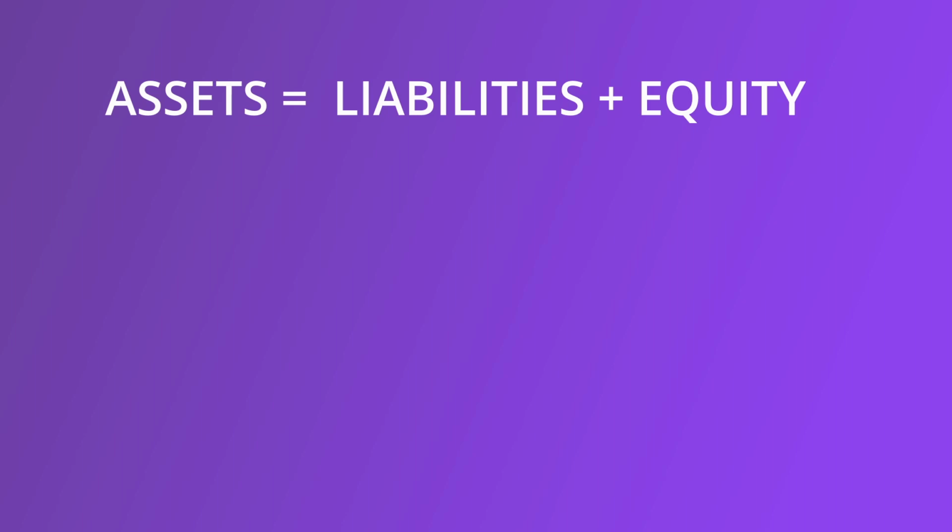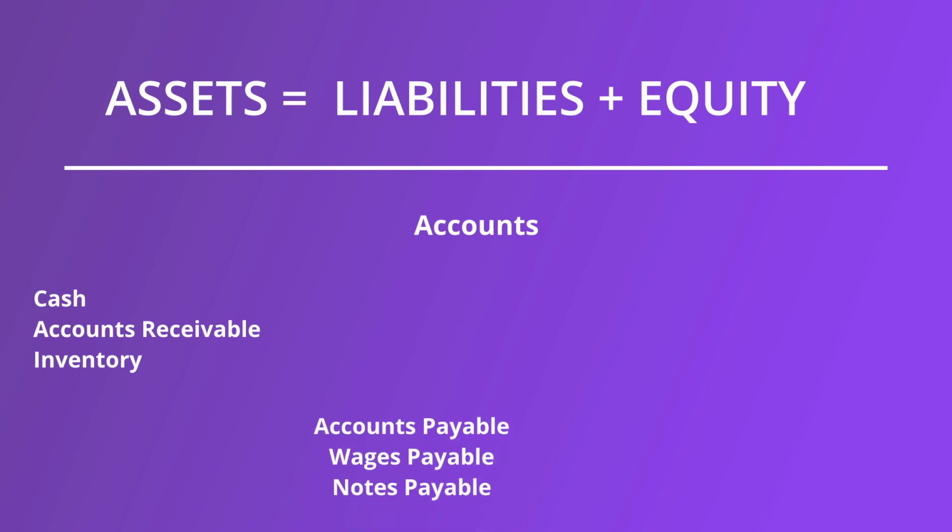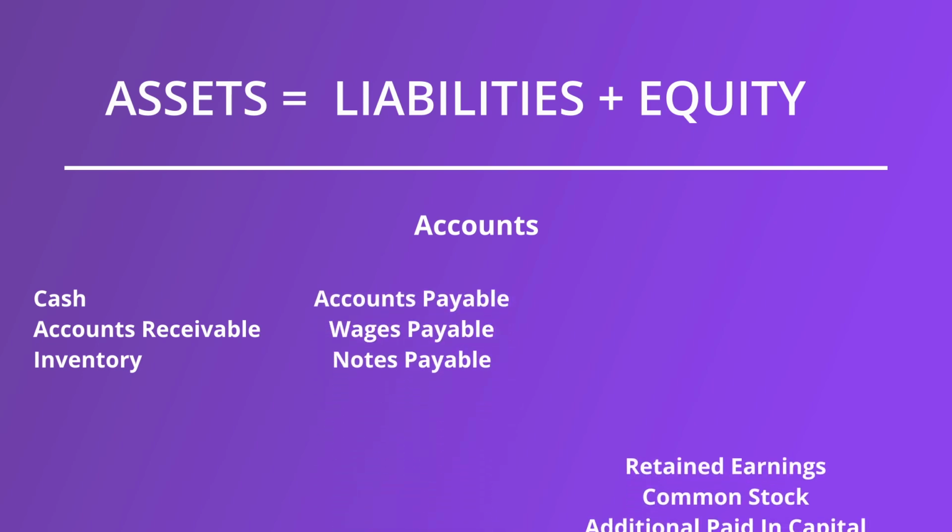All right, so as I said, we need to rewind to the very beginning of Accounting 101 and take a look at the accounting equation. Assets equals liabilities plus equity. Under that, we have accounts. These accounts are going to roll up into the three categories of assets, liability, or equity. For example, your cash, accounts receivable, inventory, that's all going to roll up into assets.